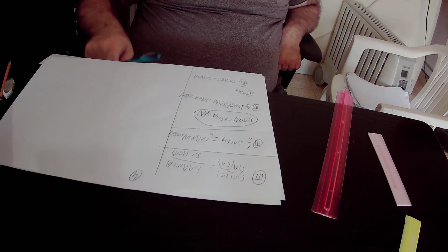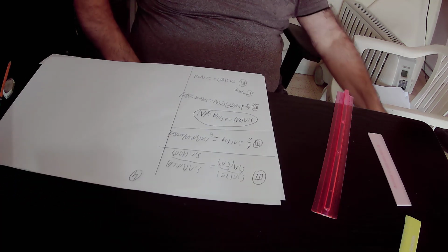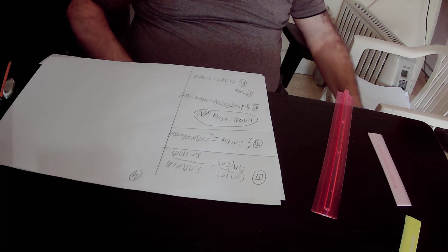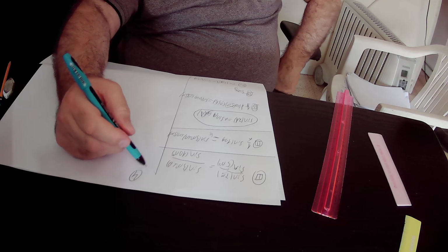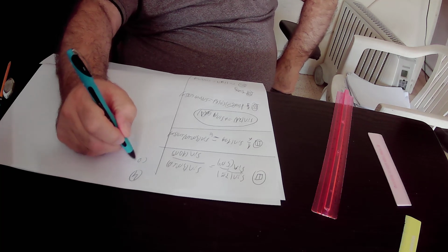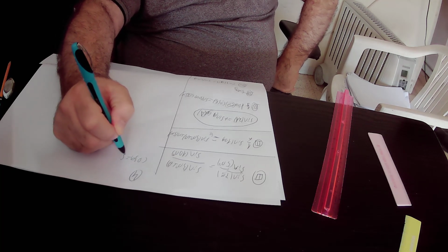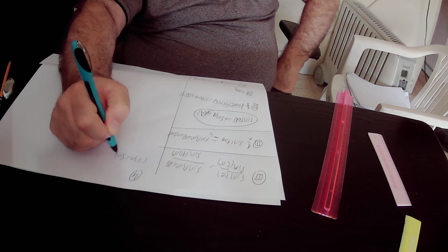Here we will use the trigonometric identity that states that cosine alpha equals sine of 90 degrees minus alpha.